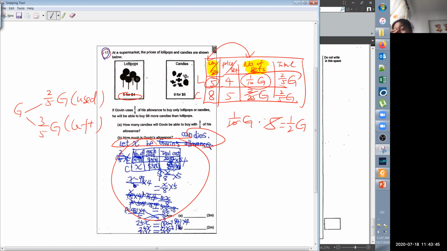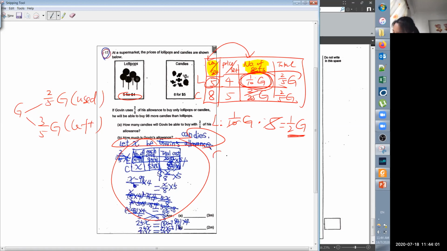Because you have 1/10 G sets, and one set is 5. So you have 1/2 G lollipops.